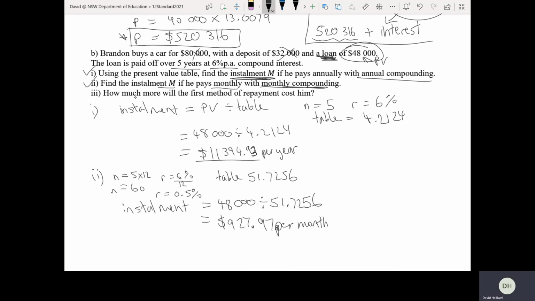Part 3. How much more will the first method of repayment cost him? Okay. Well, it's important to note that no matter which method you use, you still pay that 32,000 deposit. So we can essentially ignore the deposit, and we'll just focus on the loan here. So the first question, we're paying yearly, and we're paying for 5 years, and we're paying this amount, 11,394.